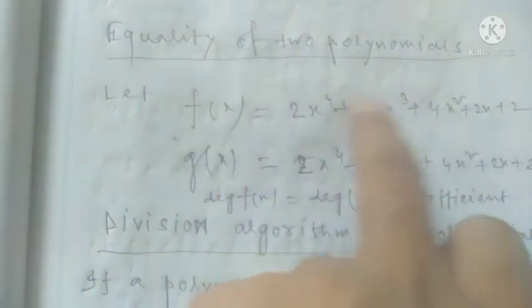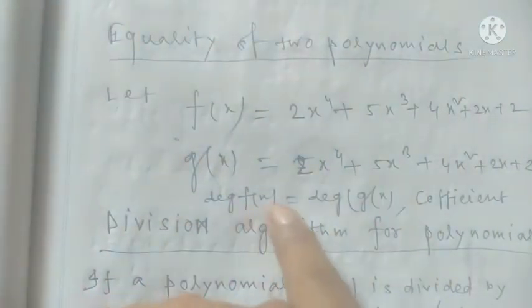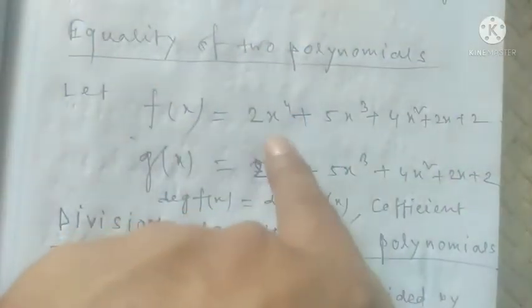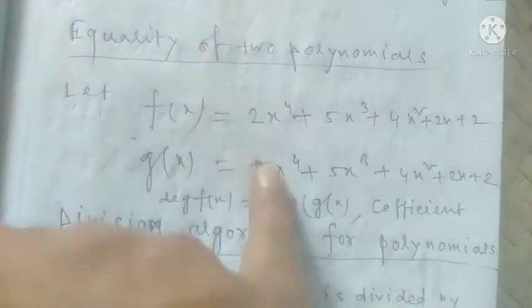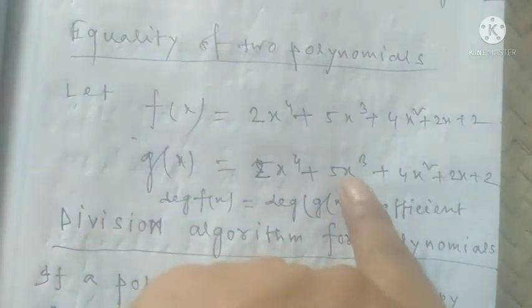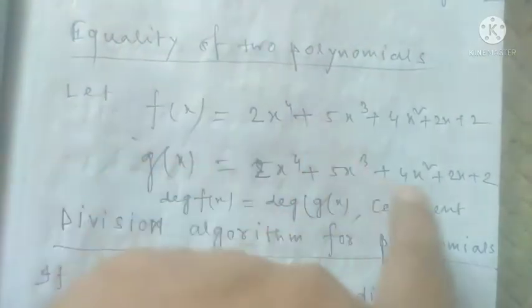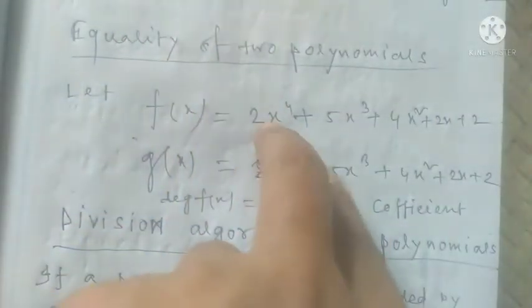In this expression the powers are 4, 3, 2, and here also 4, 3, 2, so the degree is equal in both. The coefficient of x to the power 4 is 2 in both, and the coefficient of x cube is 5 in both. Since the coefficients and degree are all equal, both polynomials are equal.